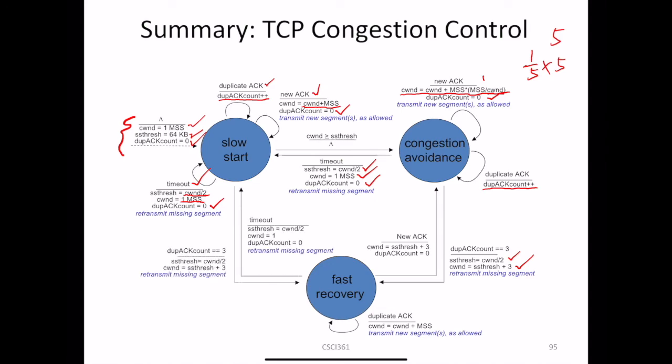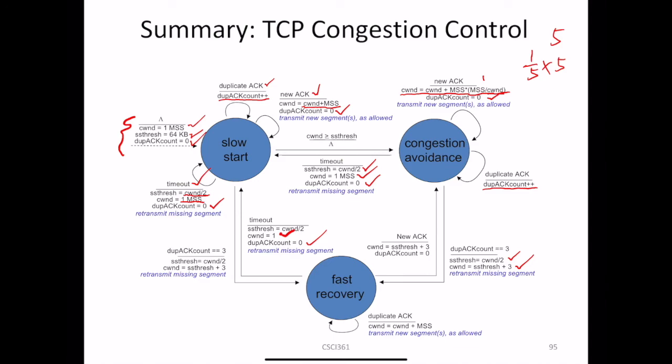Another possibility is the timeout event triggered under the fast recovery state. It still does the same thing. We change the threshold to half of the congestion window, set the congestion window to 1 MSS, and set the duplicate ACK count to 0.